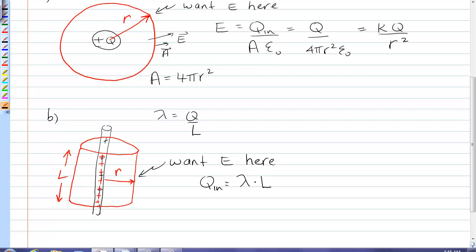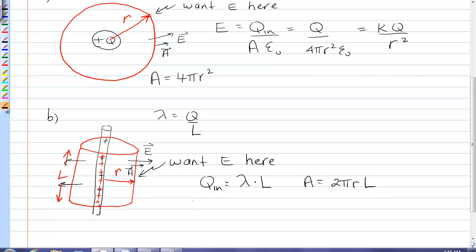Now the area that we're going to use for this calculation of the electric field is only the area through which the electric field is parallel to the area vector. And so that's only the curvy side of this Gaussian surface, not the top and the bottom. So our area is 2 pi r L.